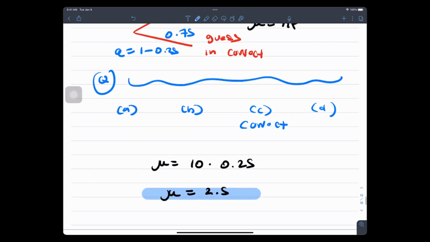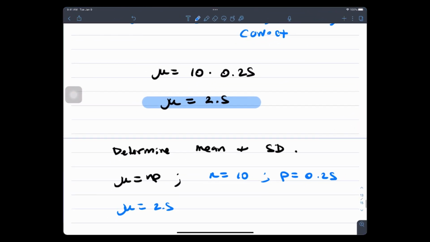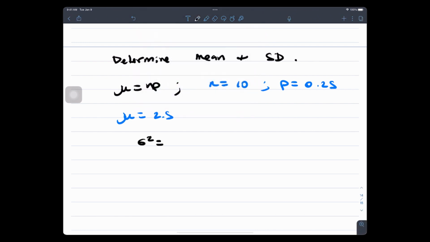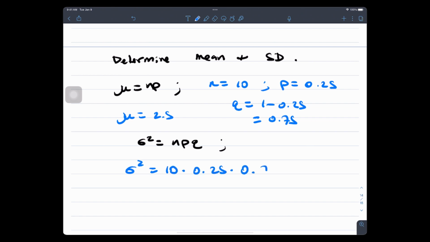So how does that help you? Well, if you're going to get the variance, sigma squared, you need npq. q is the complement of p. Your variance: n is 10, little p is 0.25, q, or the complement of p, is 0.75.